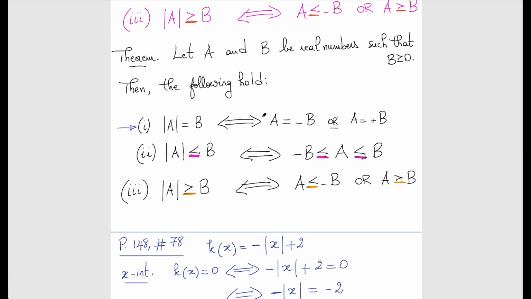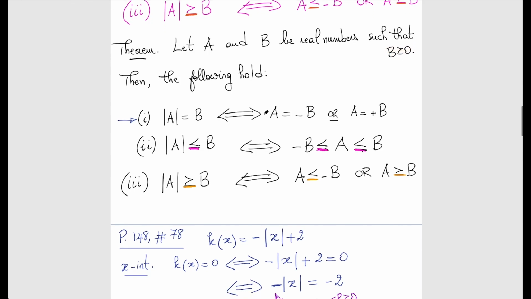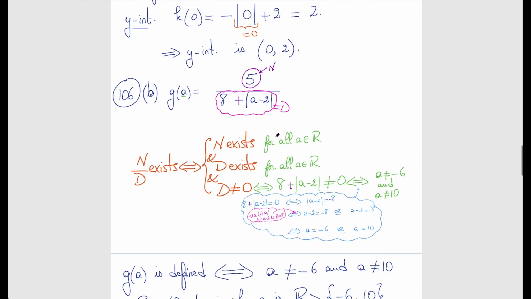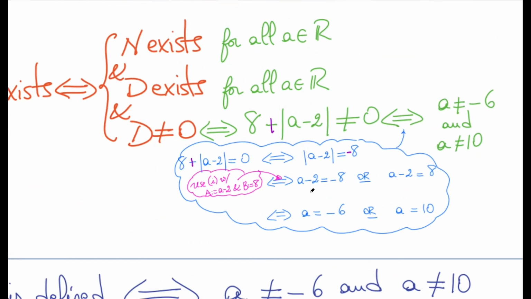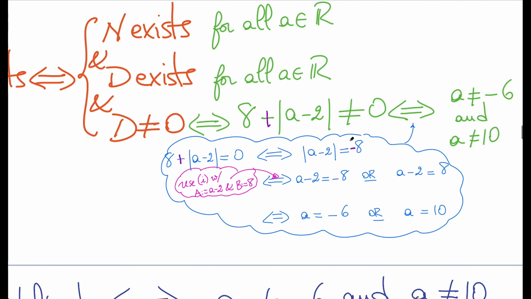this property now, it looks like I can apply it, but don't forget, see this b here? You can apply it as long as b is non-negative. Well, our b in this context is negative 8. In the new context, right? It's right there, it's negative 8.